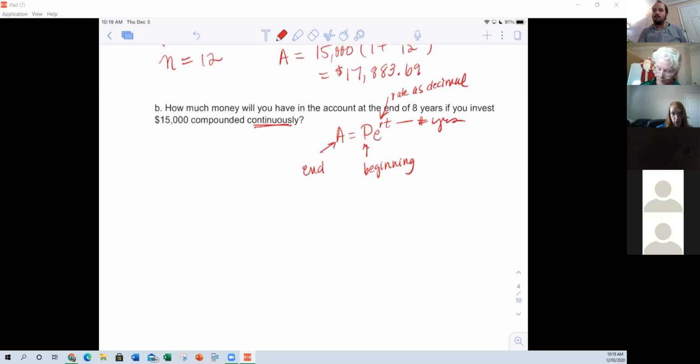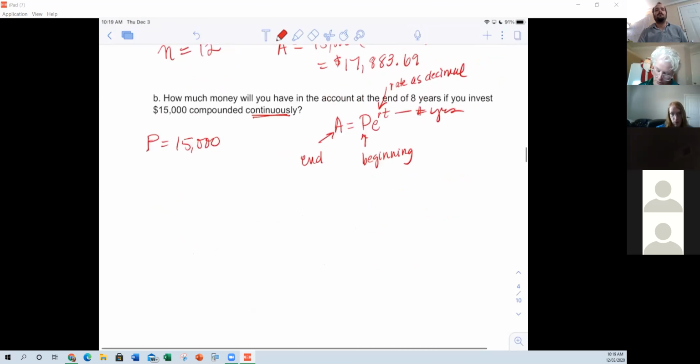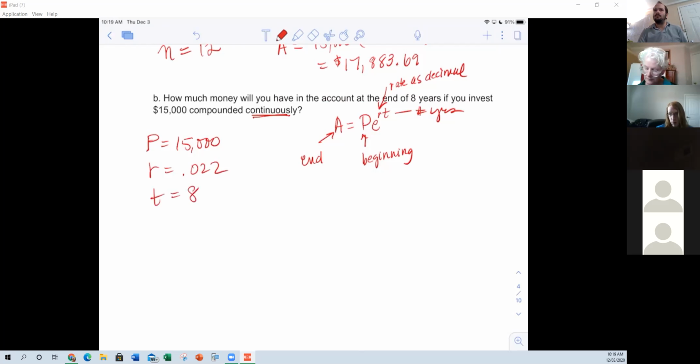We're beginning with $15,000. Our interest rate was 0.022. Our number of years is 8. And we're ready to go.